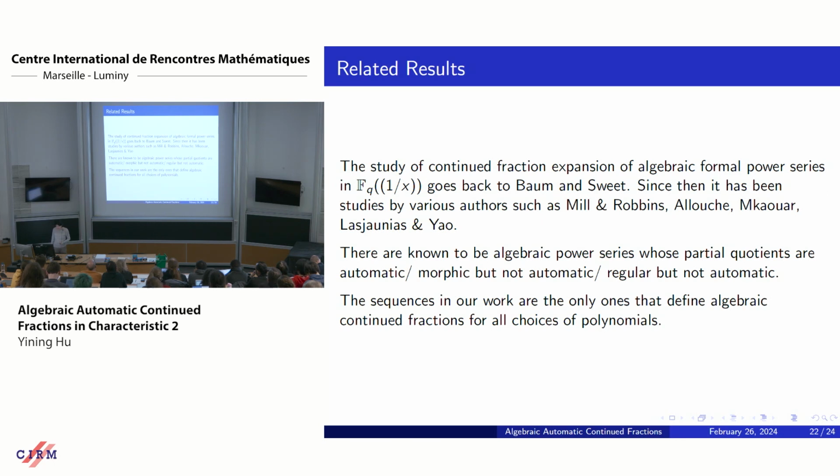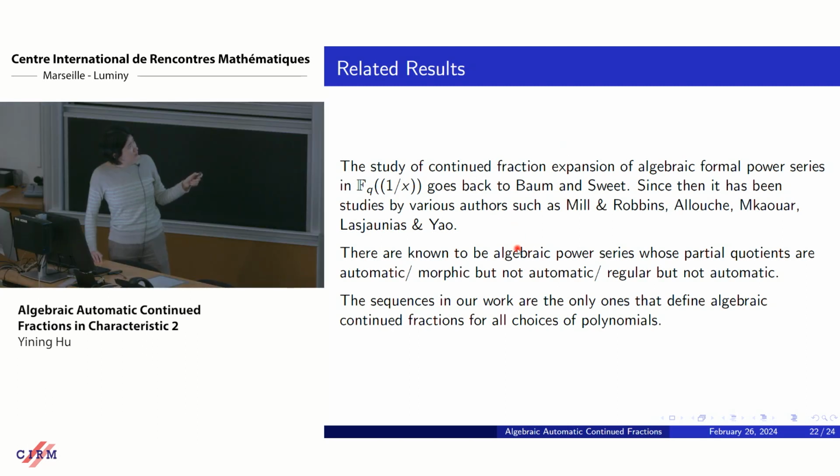Okay. But our work is something that did not exist in the literature, because in the literature, even when an algebraic series has automatic partial quotients, when we change the polynomials, we believe that they are no longer algebraic, even though we did not prove it.